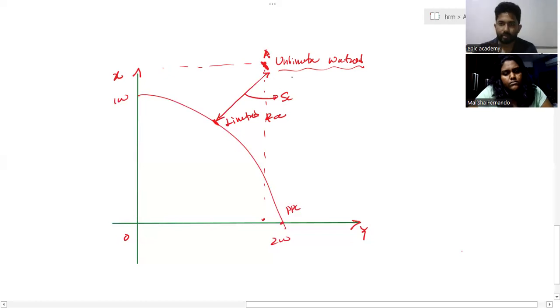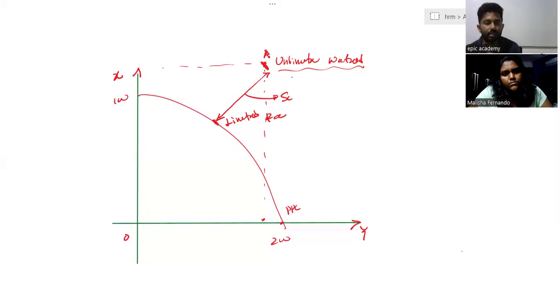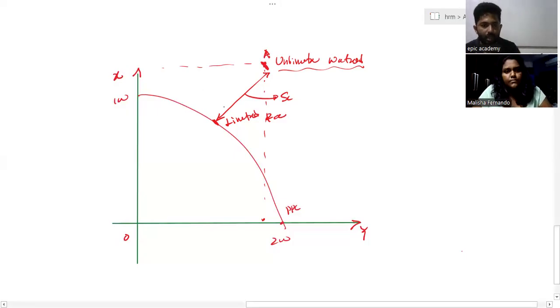That is enough. Sometimes in this paper, they are asking to describe the following situation or following events by using the PPC curve. So just draw the line, point out that one, and describe with few words. That is enough. That's the theory you have to do. Now you got one concept to describe.